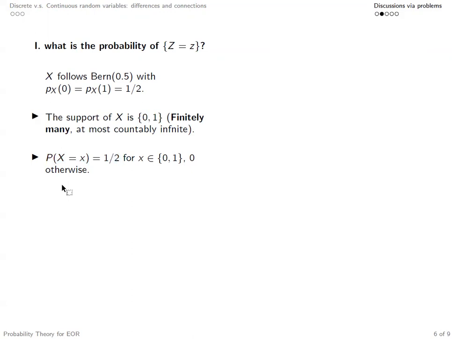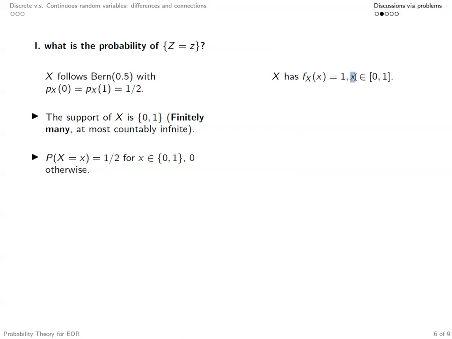Now, what is the difference if we have a continuous random variable? Suppose now we have a continuous random variable with density equal to 1 for any values from the 0, 1 interval. So for any values between 0 and 1, this one has strictly positive density.